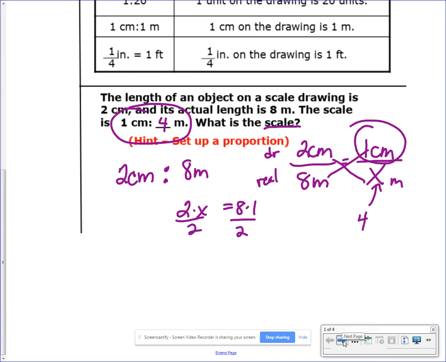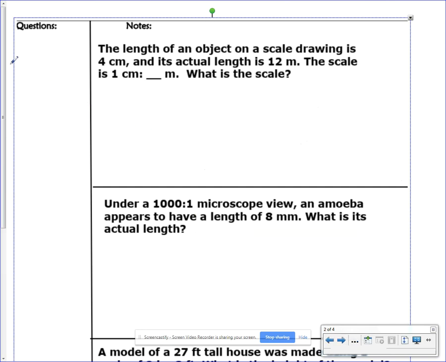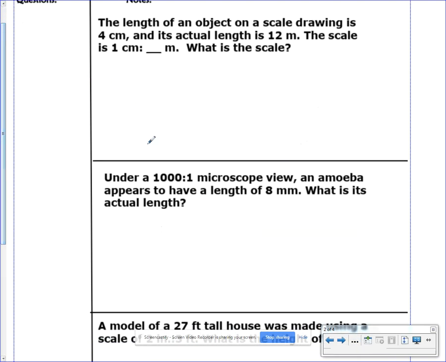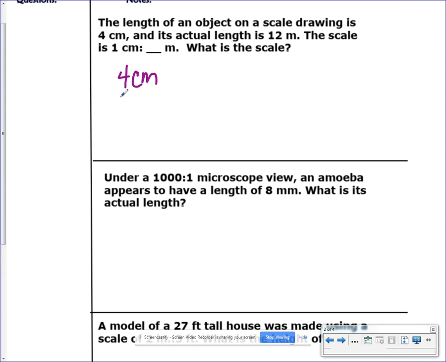All right, let's try some more of all these different applications of scale, scale factor, scale model. The length of an object on a scale drawing is 4 centimeters. The actual length is 12 meters. The scale is 1 centimeter to what? Figure it out. So 4 centimeters on the drawing, and here's the real, 12 meters in real life. What is the scale?